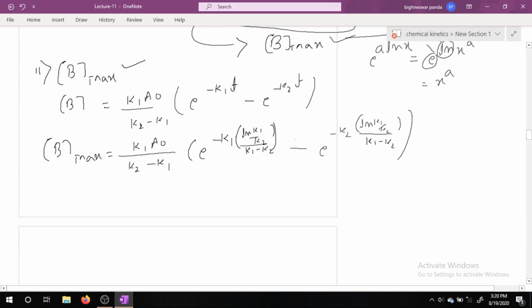Similarly here, what is present is e to the power minus K1 divided by K1 minus K2 into ln K1 by K2.